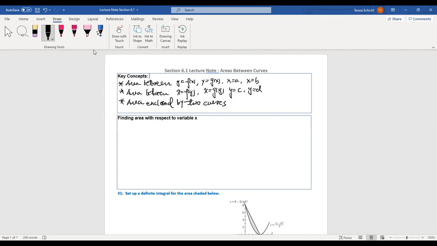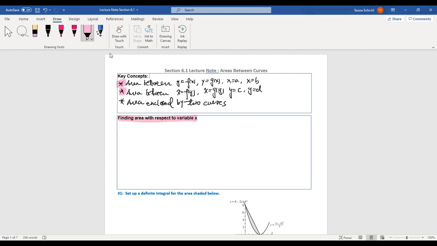For the first part, we're going to cover these 2, and then in the next video, we're going to cover the area enclosed by the 2 curves. So let's take a look at the first one.